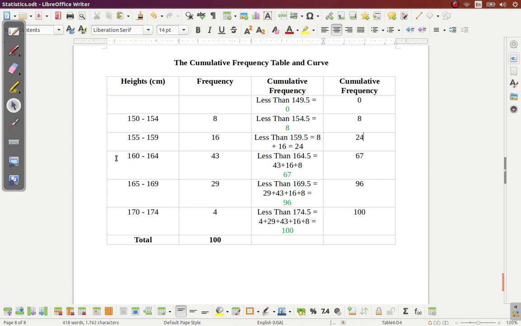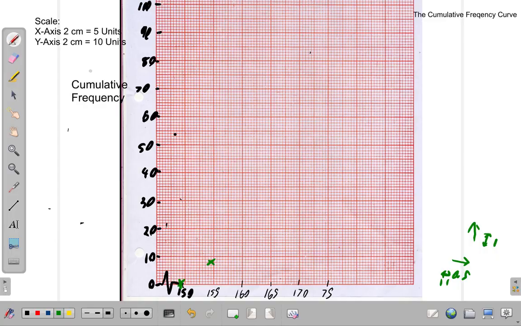So you're going to locate 159.5, 24. 159.5 is just to the left of 160. You're going to go up and locate 24. 20, 1, 2, 3, 4. Right here would be your point that you're going to plot. Let me just erase these.